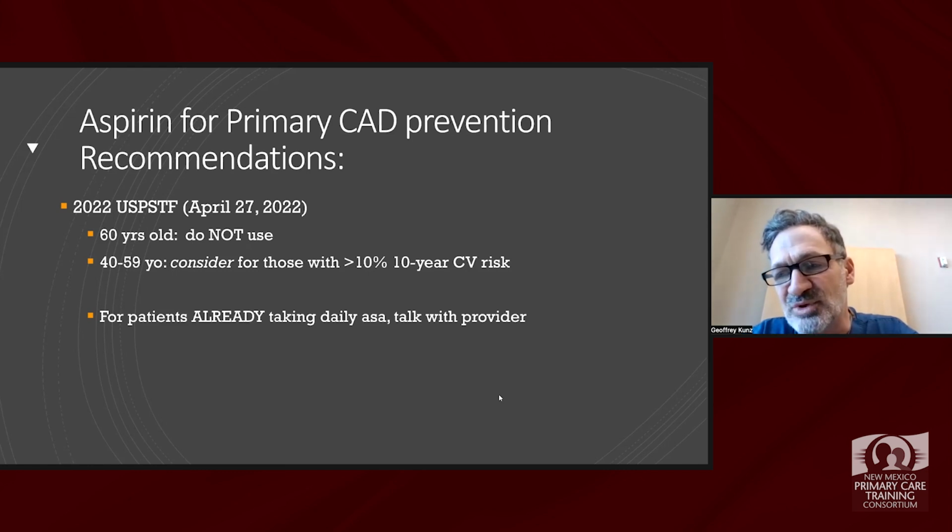And then the next question is, well, what if they're already taking it? And we know less about those people. Folks who have been taking a daily aspirin for a long time and have not had problems have perhaps self-selected themselves as people who are not going to have a bleeding complication.